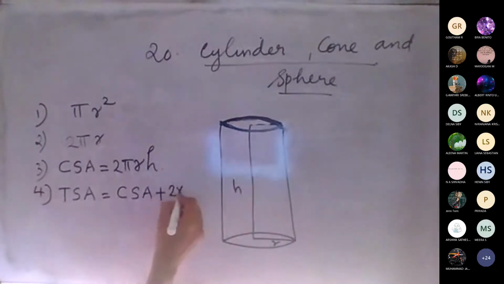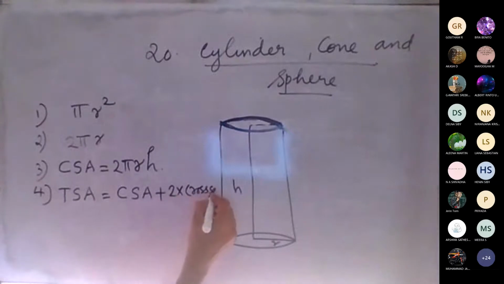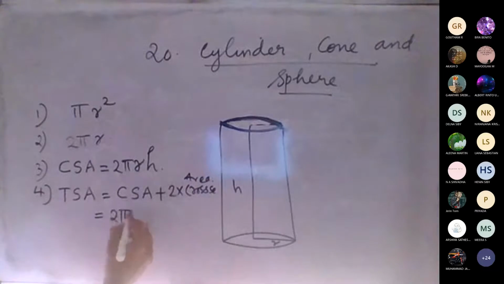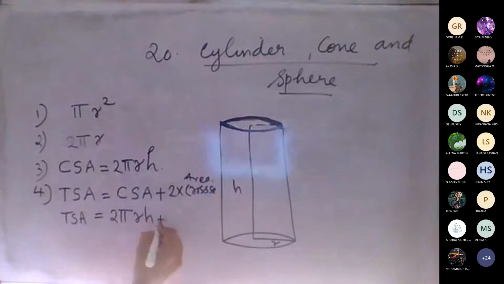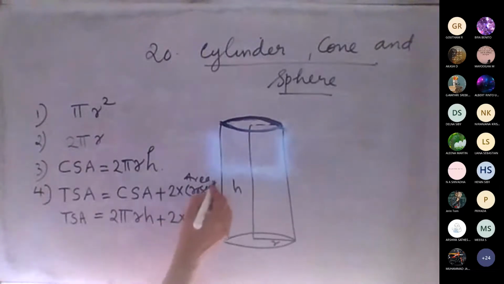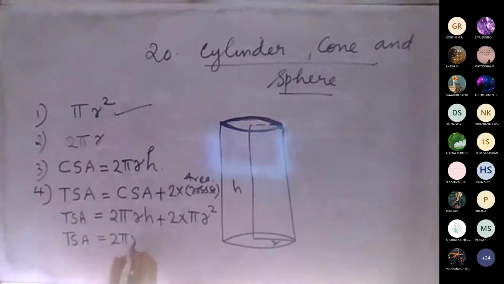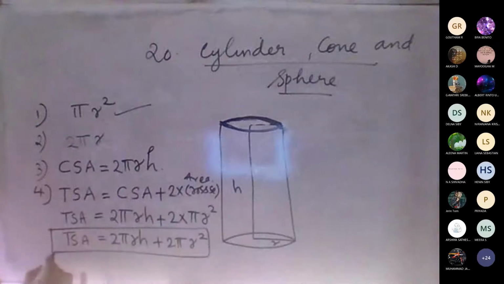So TSA is equal to 2 pi r h plus 2 into the area of cross section, which is pi r square. So total surface area is equal to 2 pi r h plus 2 pi r square.